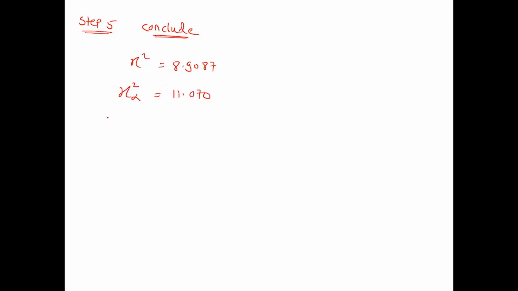So by observation, we can see that the calculated chi-square is smaller than chi-square alpha. That is, we accept the null hypothesis and reject the alternate hypothesis. How do we come to know this?